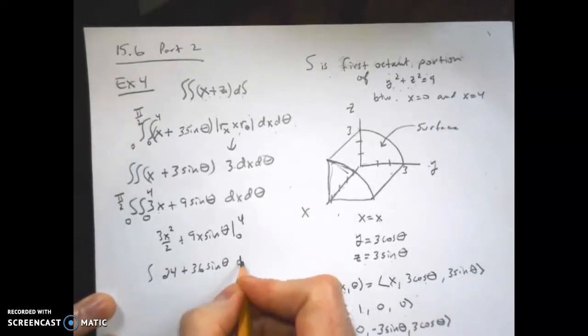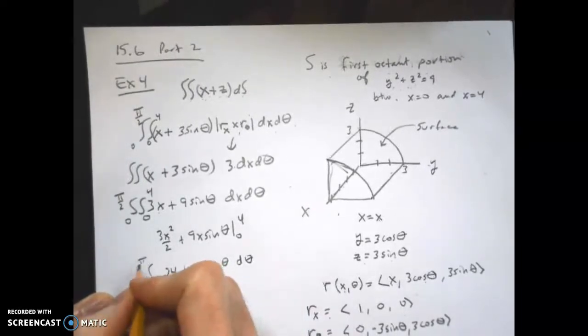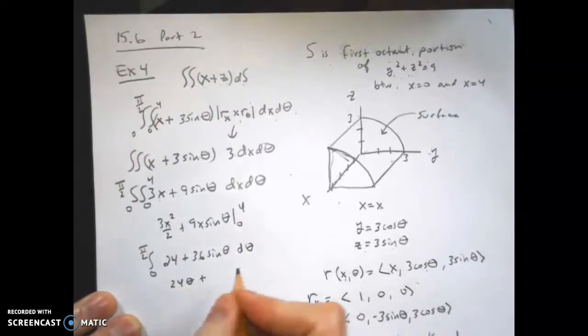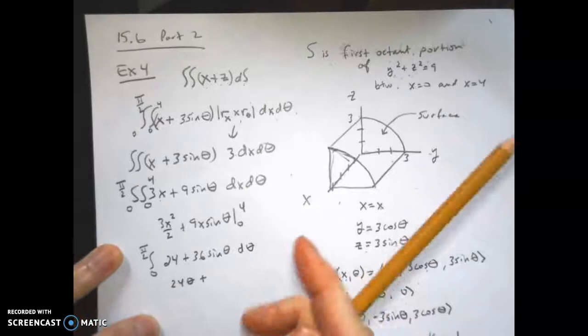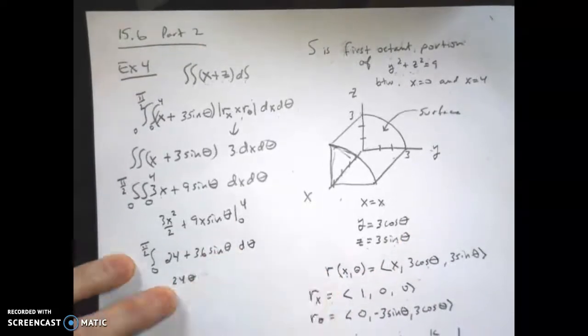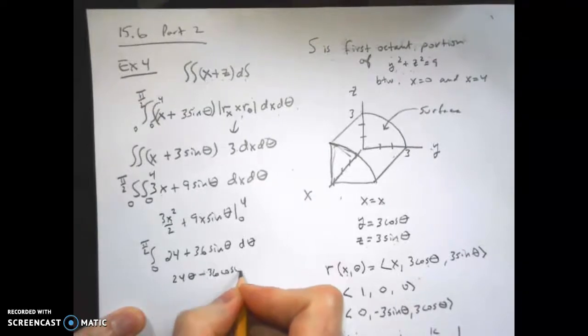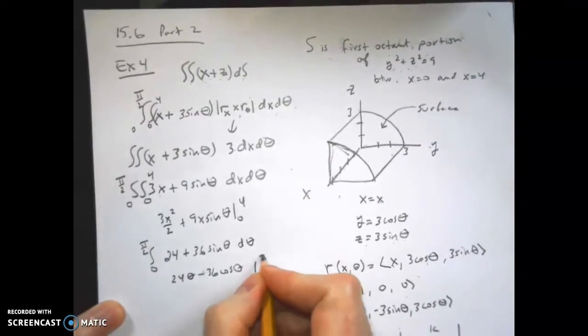Integrate that with respect to theta from 0 to pi over 2. We get 24 theta, actually that's going to be a minus 36 cosine theta from 0 to pi over 2.